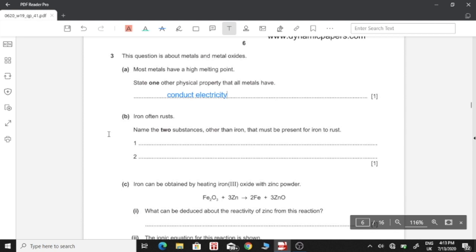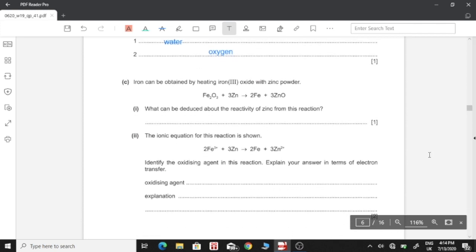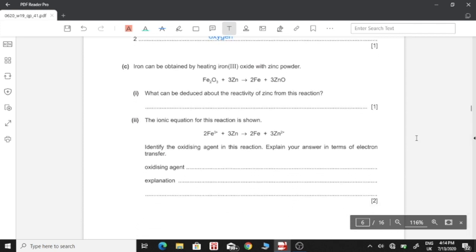B. Iron often rusts. Name the 2 substances other than iron that must be present for iron to rust. Those 2 substances are water and oxygen. C. Iron can be obtained by heating iron 3 oxide with zinc powder. 1.